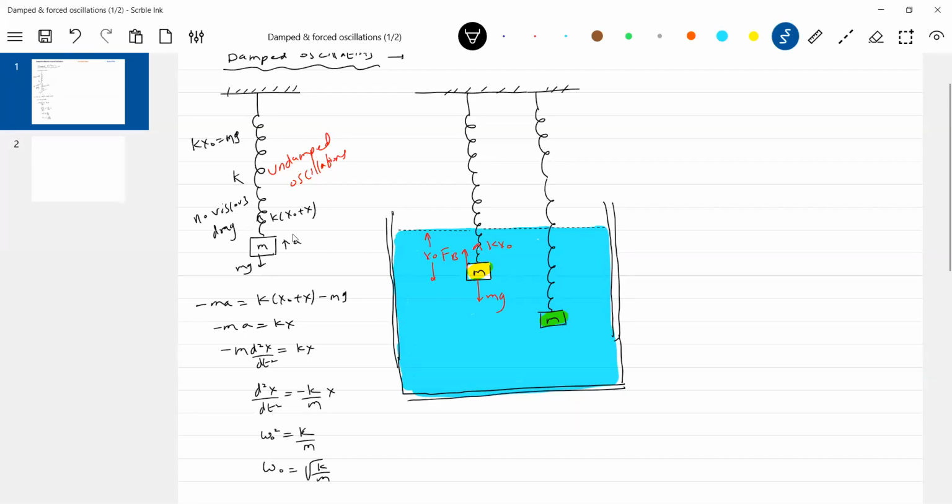Okay, I'll just modify the diagram. What are the forces acting? mg. It got further elongated by x. So how much spring force will act here? Further, it is being elongated, so the spring force will be k(x naught plus x).